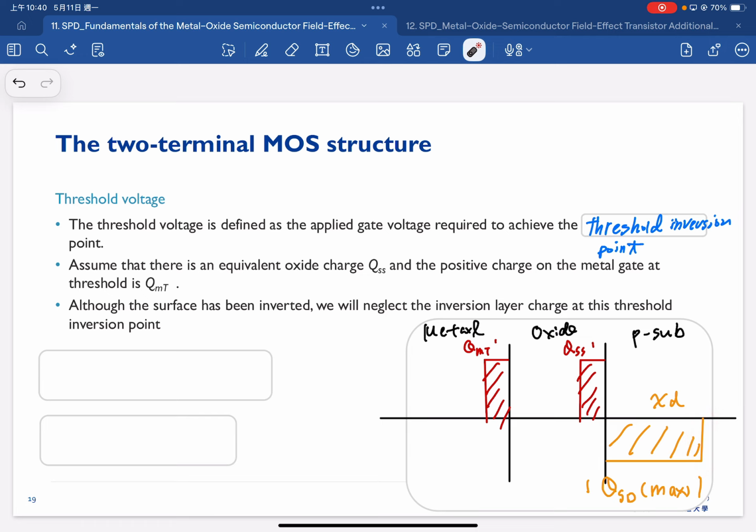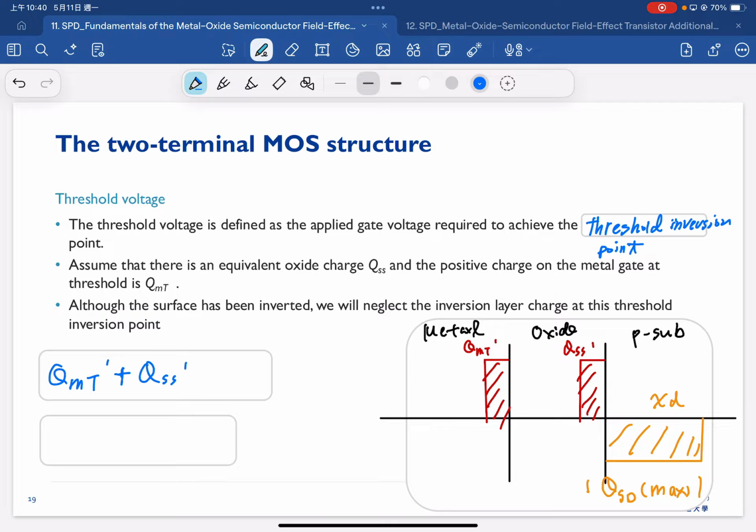And therefore, based on this charge distribution, QMT prime plus QSS prime will be equal to QSD prime max.